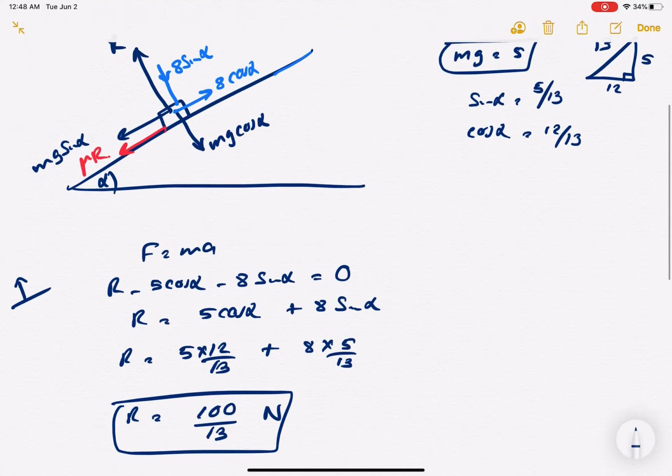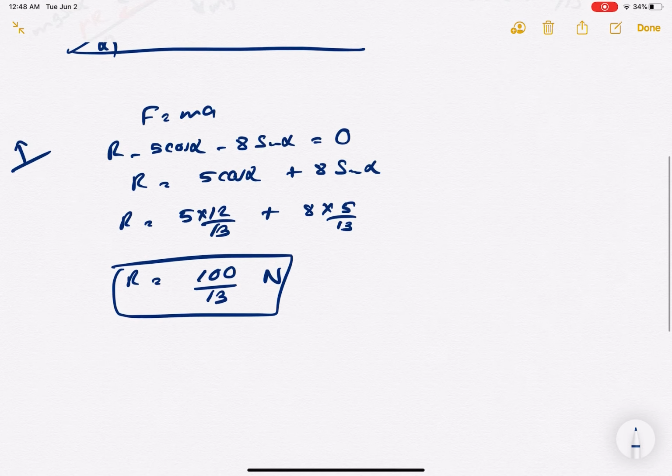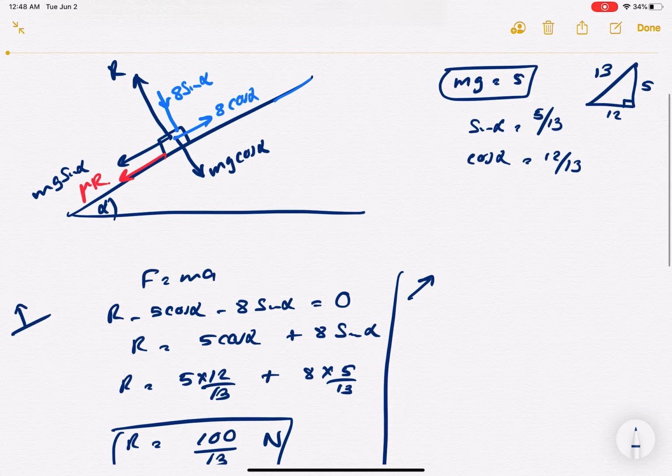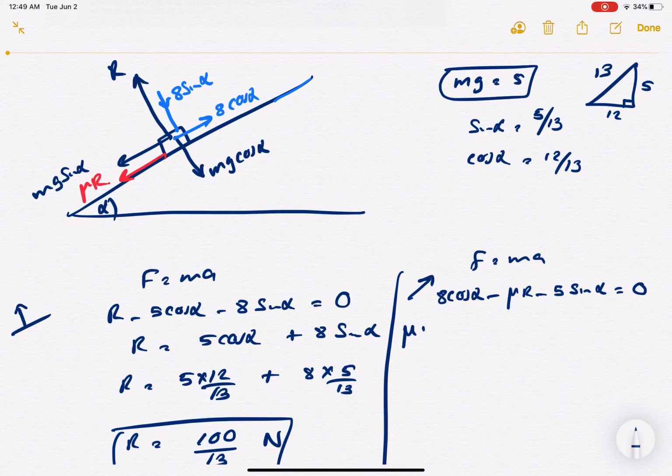Next I'm going to apply F equals ma along the plane. So 8 cos alpha minus mu R minus 5 sine alpha is equal to 0. So mu times R is equal to 8 cos alpha minus 5 sine alpha.